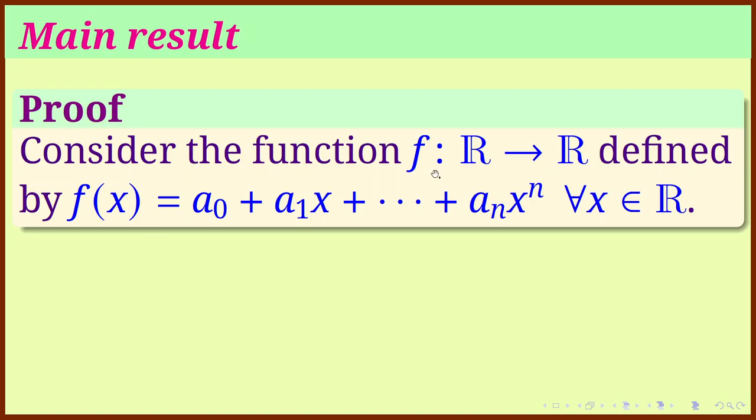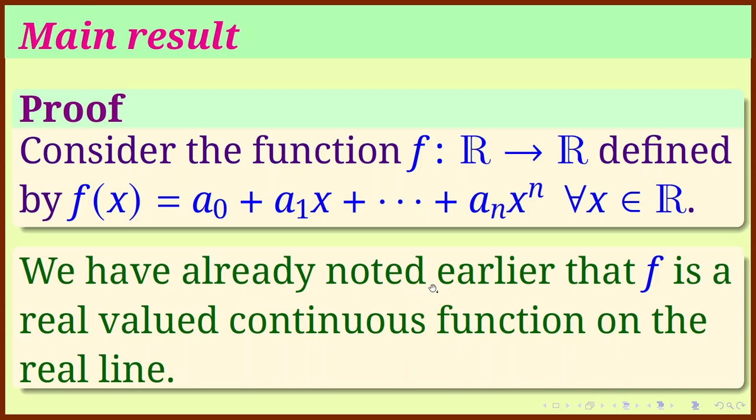Proof. Consider the function f from R to R defined by f(x) equal to that polynomial a0 plus a1x plus dot dot an x to the power n for all x in R. So this is a polynomial function, and we have already noted earlier that f is a real valued continuous function on the real line.